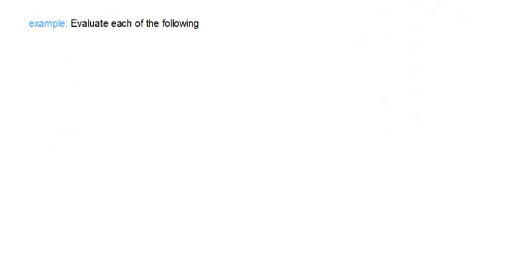Okay, so once again, another problem would be C over here. And in C, I'm going to ask you to evaluate the integral between 0 and pi over 4, so now we're talking about a definite integral, of secant squared of x times square root of 1 plus tangent of x.